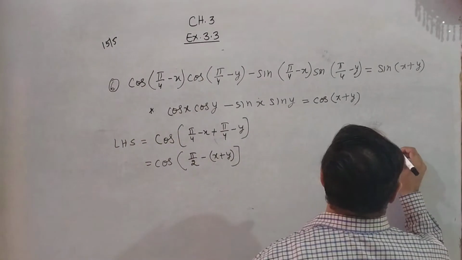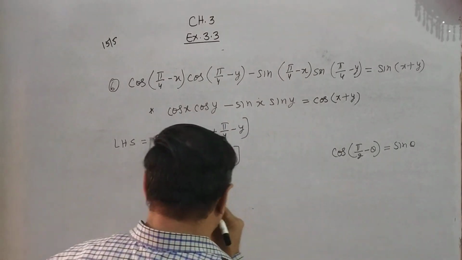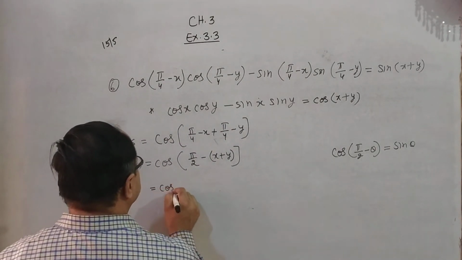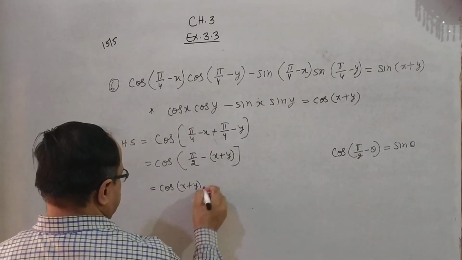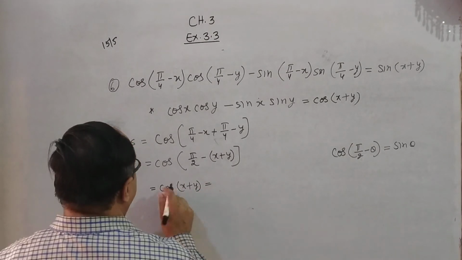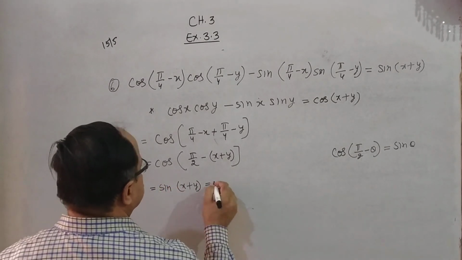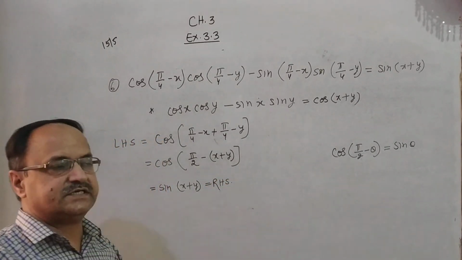The cos is changed into sin theta. So apply this formula here. So you can say cos of pi by 2 minus (x plus y) becomes sin(x plus y). First cos changes into sin(x plus y), that is the right hand side.